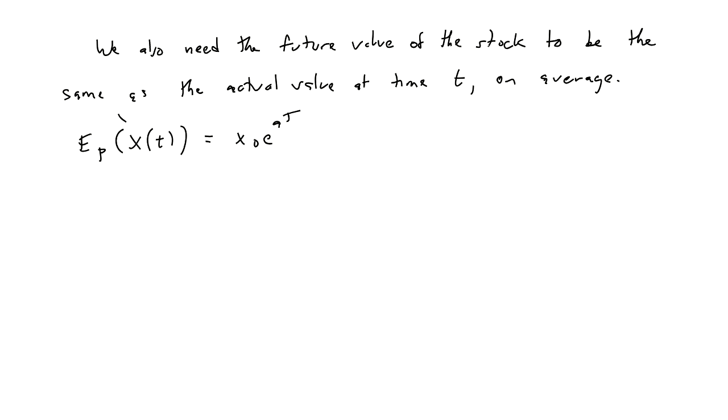And we know from the lemma that in general, the expected value of that is given by that. So we get an equation for the stock. So again, we set something equal to 0 here.